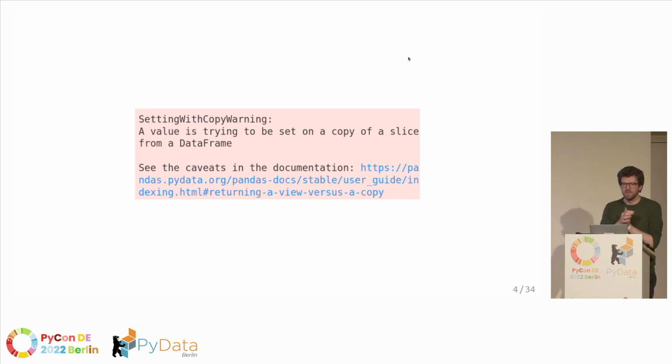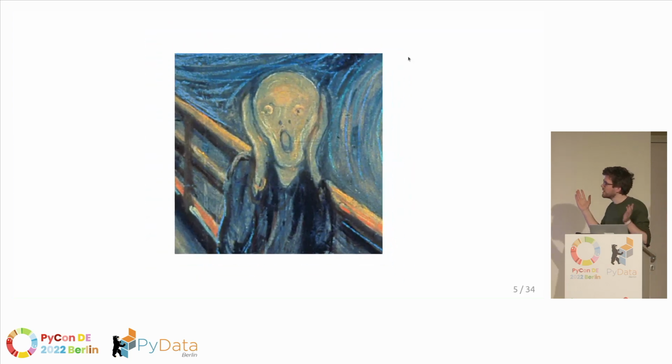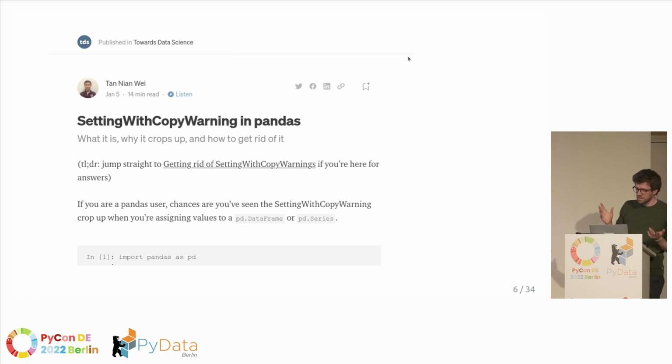Who has already used Pandas in the room? And you can keep your hand up if you encountered the warning. Okay, so many people, and maybe you have been annoyed by it, or wondered what it is, or run away in terror. But in any case, it's a topic that gets quite some attention or confuses people.